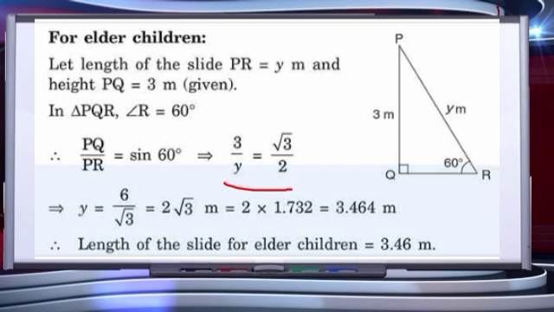So 3 by y is equal to root 3 by 2, because sine 60 degree is root 3 by 2. So y is equal to 6 upon root 3. On rationalizing, we will get the value as 2 root 3. Further simplification, it is 3.464. I hope you have understood well how to apply trigonometry in the real life problems of such kind.